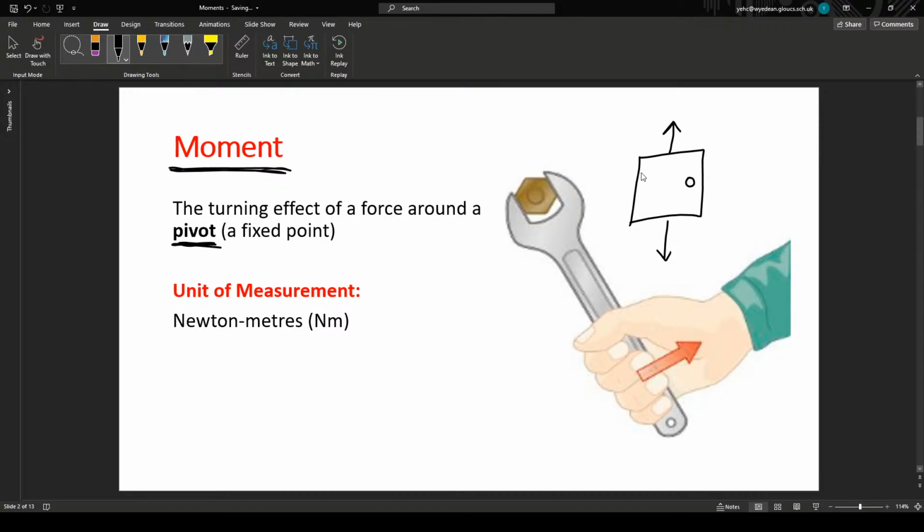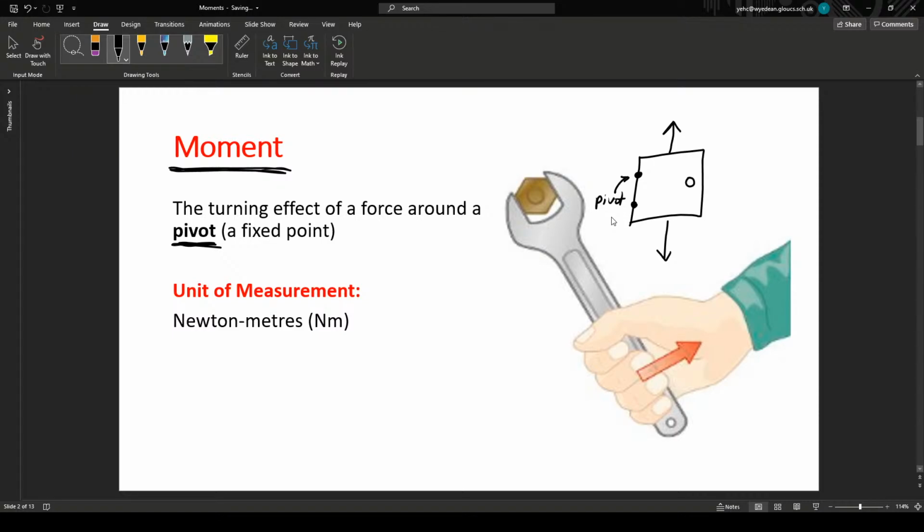But because it's fixed at the hinges, and in this case the hinges are the pivot points, the door turns inwards or outwards. So for there to be a turning effect, there needs to be a pivot, a fixed point at which the object can't move, so it turns around that spot instead. This turning effect is called the moment.